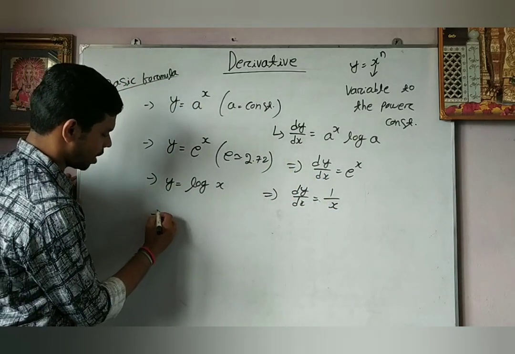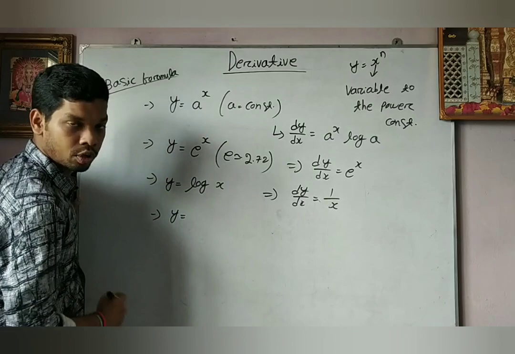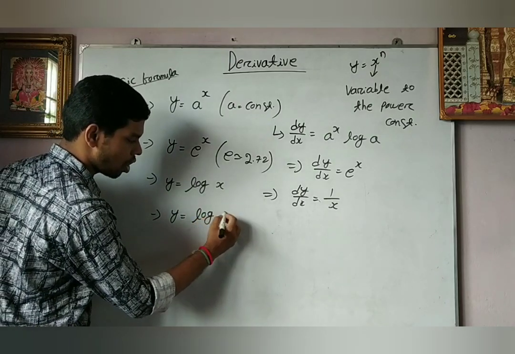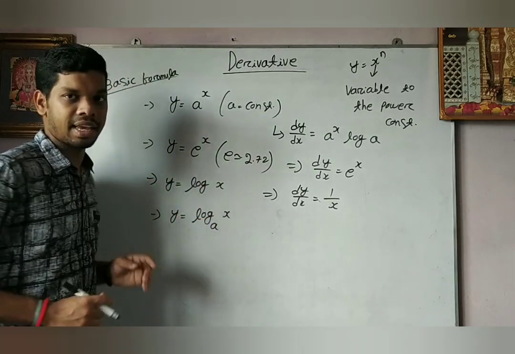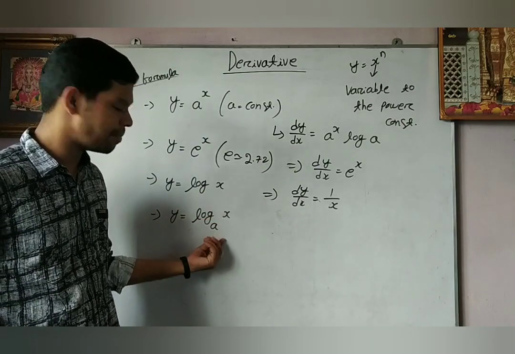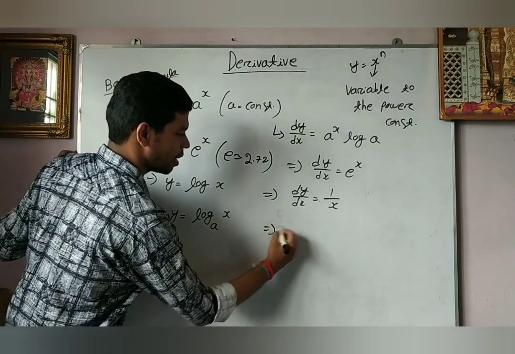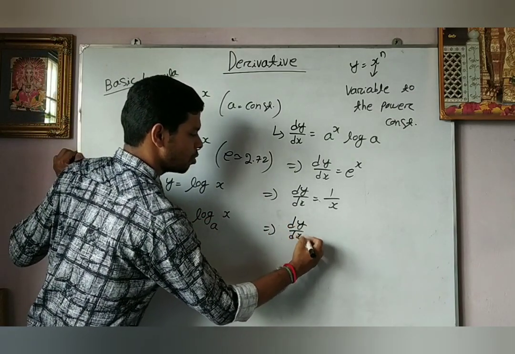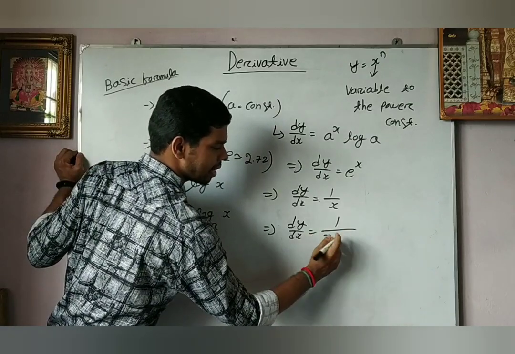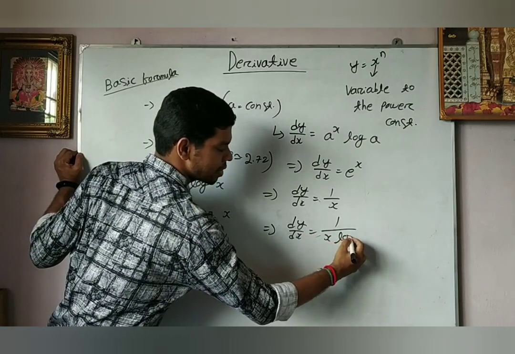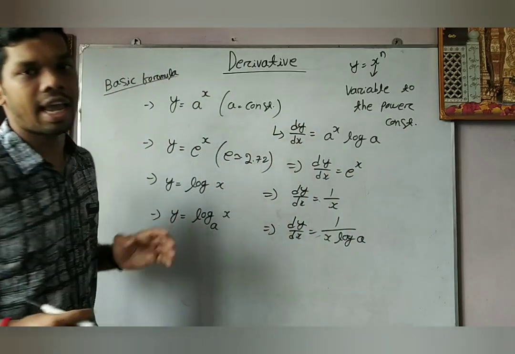And then next formula, y equal to log x base a. Here base is e, but here base is a. dy by dx equal to 1 by x times log a.